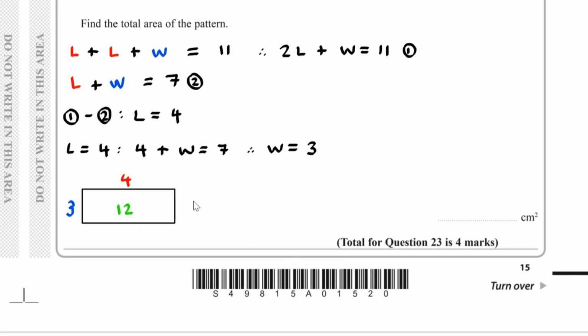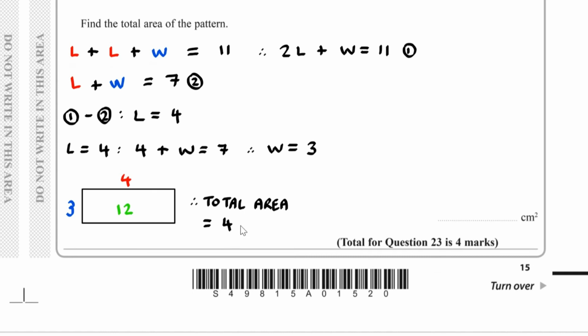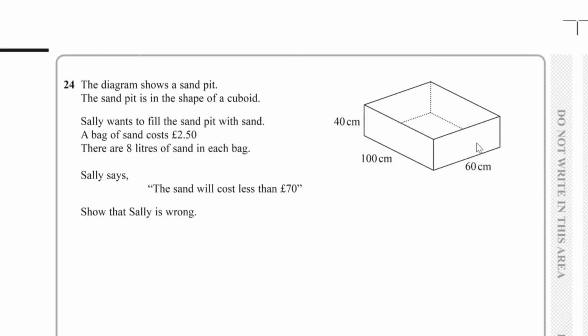So the total area is equal to 4, because we've got 1, 2, 3, 4 identical rectangles, multiplied by the area of one of those rectangles, which is 12. So we have 48 centimeters squared.